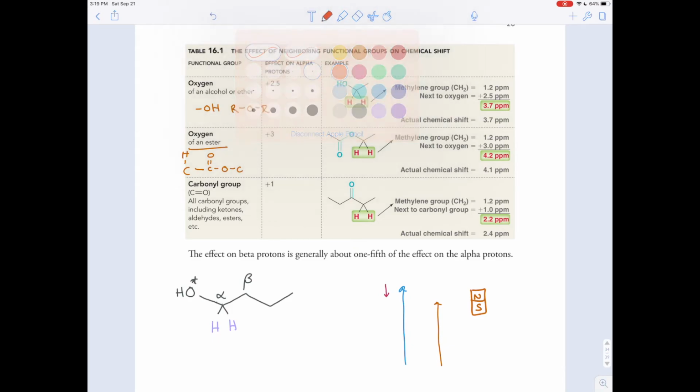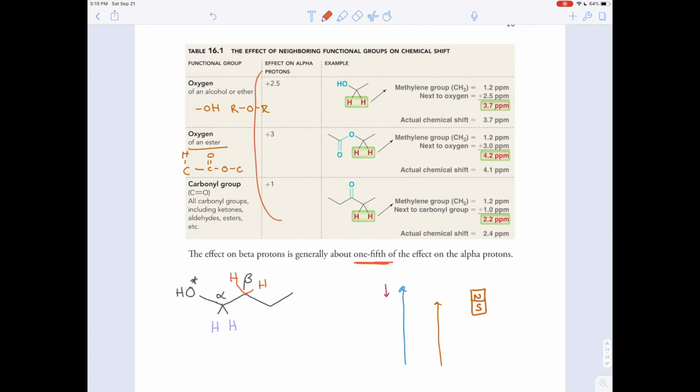If the protons are on the beta carbon, they still feel the effect of the electronegativity. It's just around a fifth of what you would expect for the alpha. So for the beta, if you have hydrogens beta to an alcohol or an ether, it's a fifth of 2.5, that's 0.5. That's what you'd add. If you had hydrogens that were beta to the oxygen side of an ester, you would add a fifth of 3, that's 0.6.